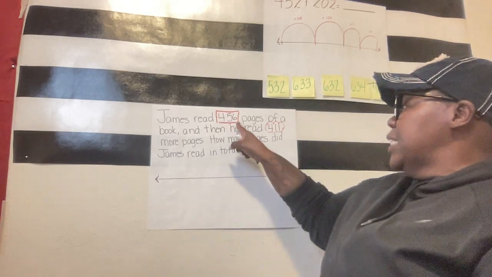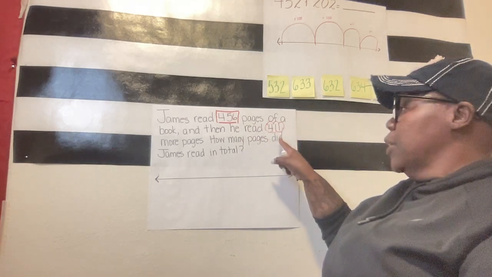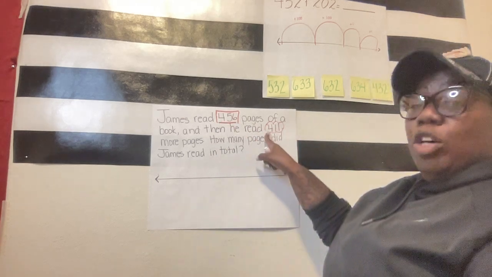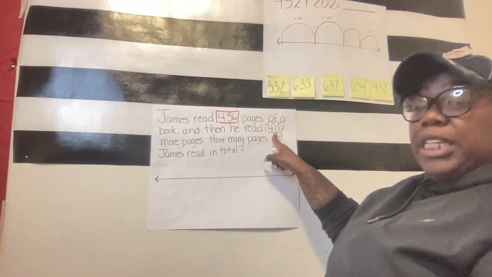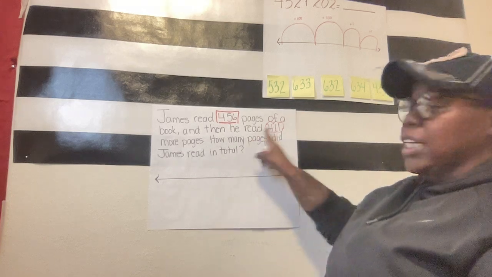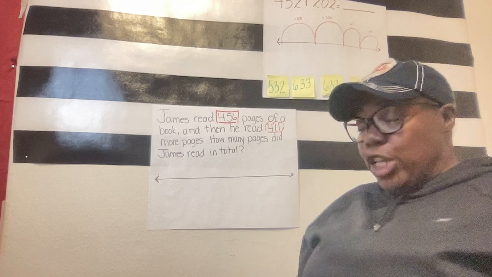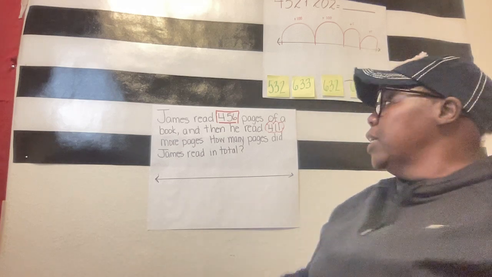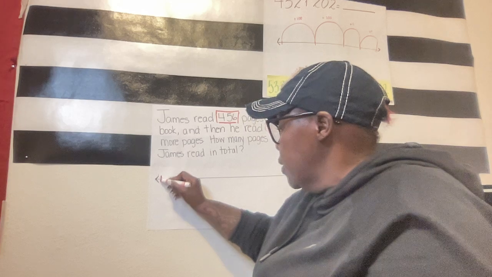So 456 is larger than 411. Yes, you have two fours in the hundreds place. They are the same if you're comparing them. But when you compare the tens place, you have 5 tens and 1 ten. 5 is larger than 1, so this is the larger add-in. And you will start the number line with 456.